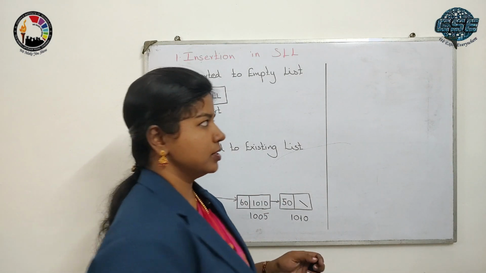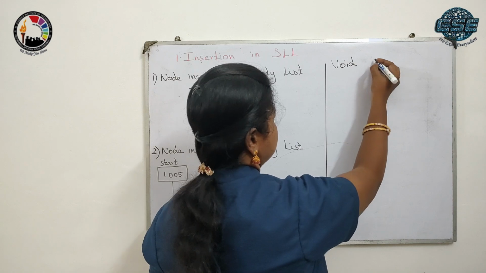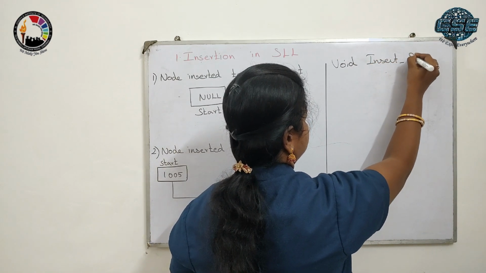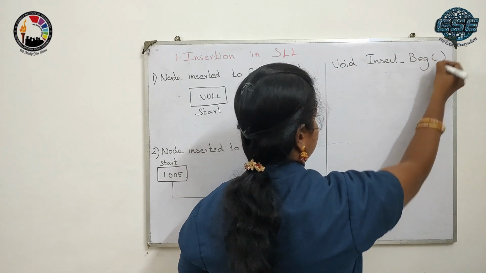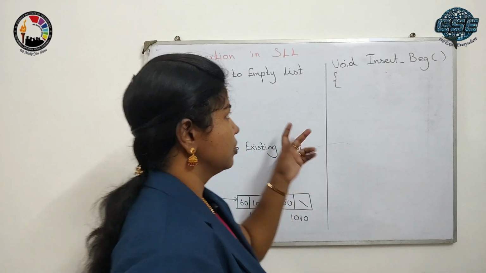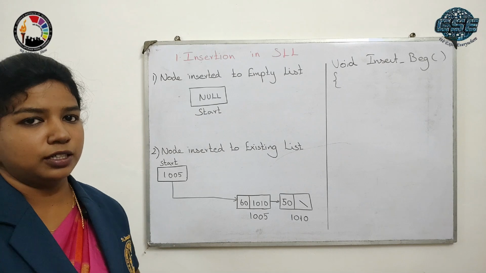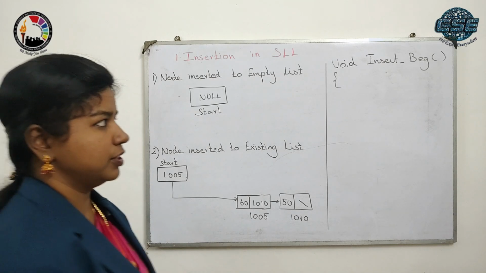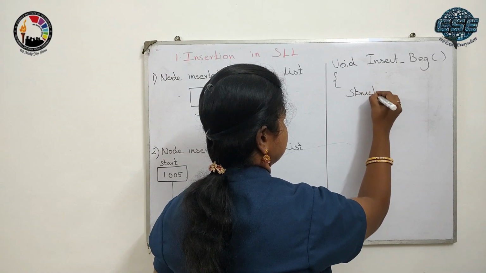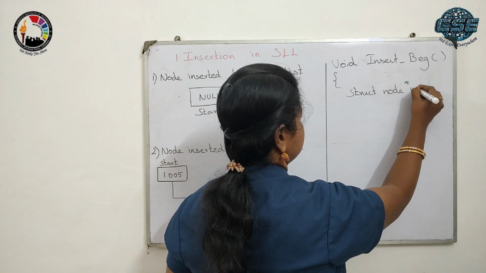So let me write the code simultaneously. void, I am creating a function for insert beginning. Since I am going to insert a new node, I have to create a new node based on the structure definition. So struct node pointer new node.